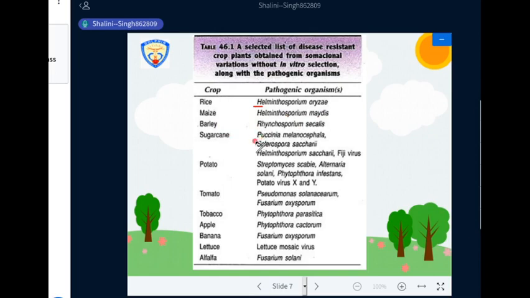In sugarcane, resistant plants against Puccinia melanocephala, Sclerospora sacchari and Helminthosporium sacchari have been achieved. In case of potato, somaclonal variants having resistance against Streptomyces scabies, Alternaria solani, Phytophthora infestans, and potato virus X and Y have been regenerated.